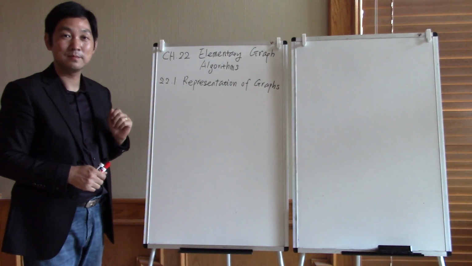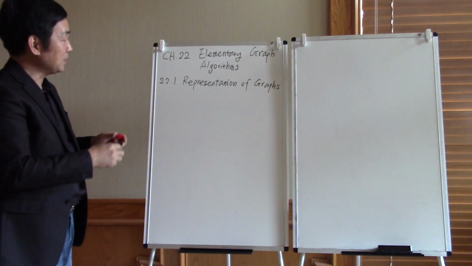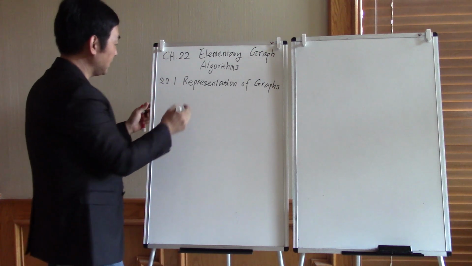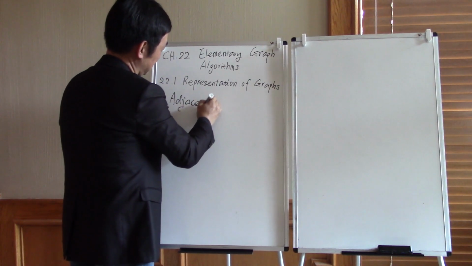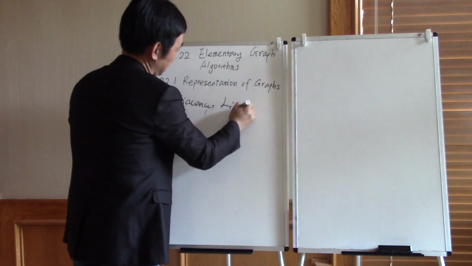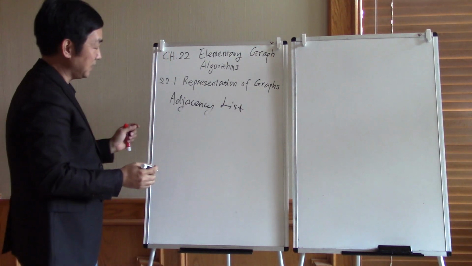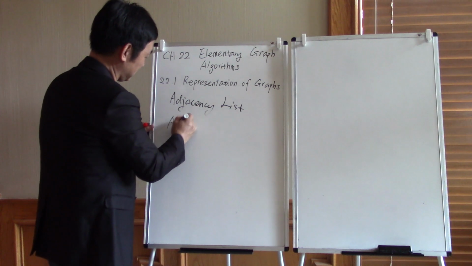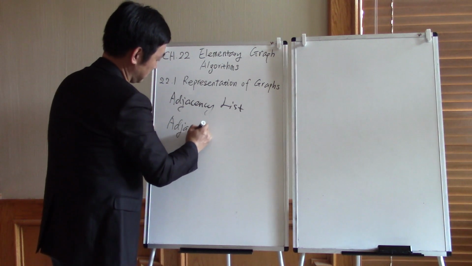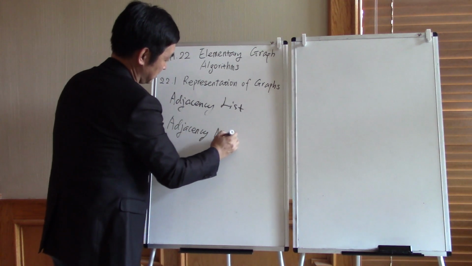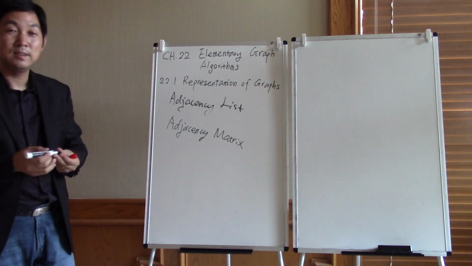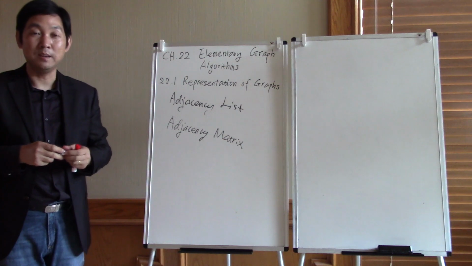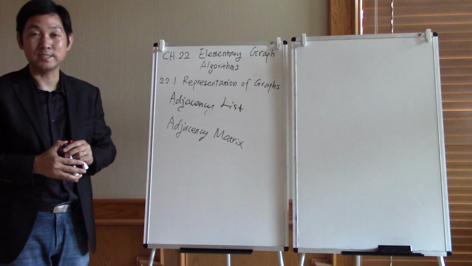Okay, so now let's talk about the first question we want to study, which is how to represent graphs. We have basically two methods. One is called the adjacency list, and the other one is called the adjacency matrix. They are quite straightforward concepts, so let me just illustrate what they are using an example.